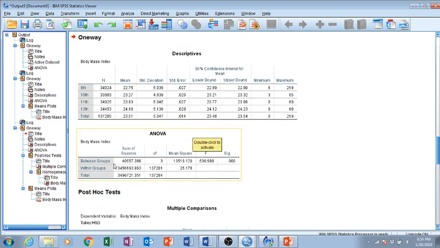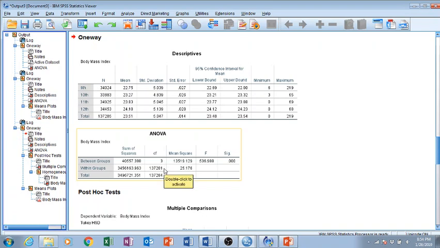So remember, here sum of squares is an indication of your variability. So we want to know, how does the variability between our groups compare to the variability within our groups? And then we're going to take a look at the total variability here in a minute. But I can see my degrees of freedom. So I have 3, because remember it's k minus 1, or number of groups minus 1, which would be 3.